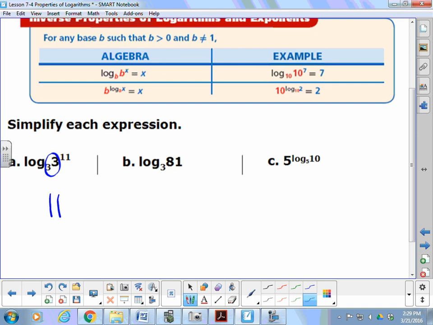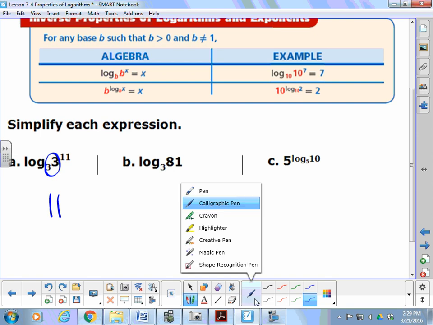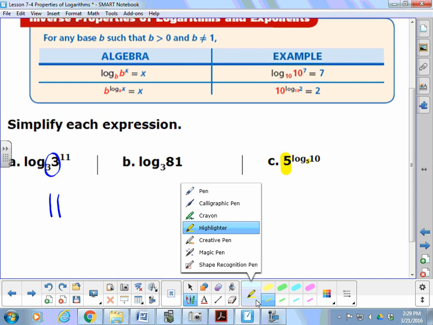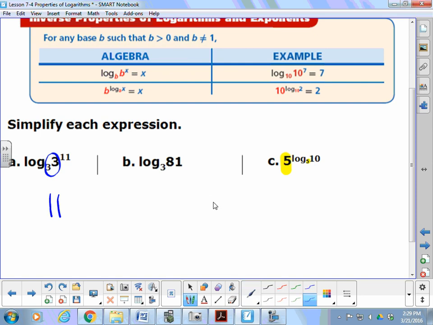We'll come back to B. C says 5 raised to the power log base 5 of 10. So the two bases are the same. These two things are both 5. So those undo each other. So this just equals 10.